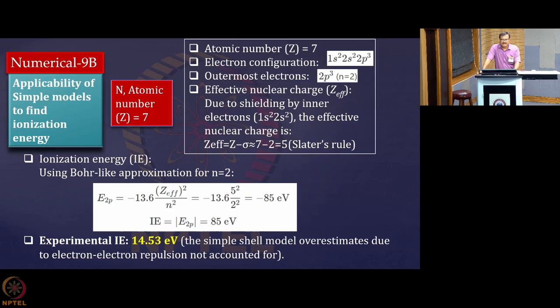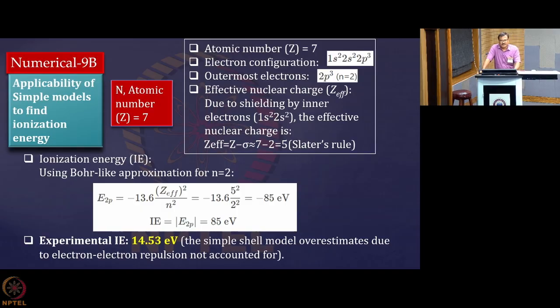The effective nuclear charge due to shielding by the inner shell electrons 1s2 and 2s2 can be calculated as Z effective equals Z minus sigma, 7 minus 2 equals 5, using Slater's rule. So instead of Z equal to 7, we are taking Z effective as 5, and we try to apply the same Bohr model to find the ionization energy.